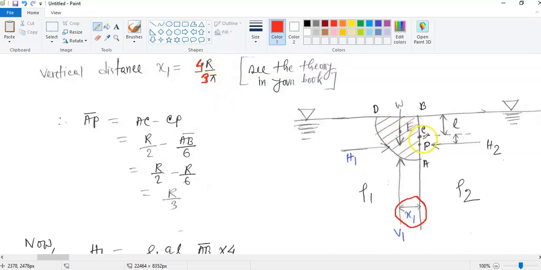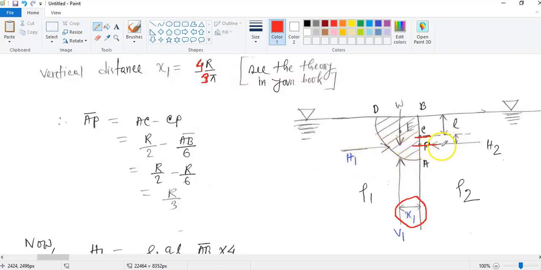Now previously we calculated this distance CP. If you can remember, we calculated this distance CP. Now we know this x1, and so far we know h1, we know v1, and we know the formula for x1. But when we calculate the moment about A, we need this horizontal force.